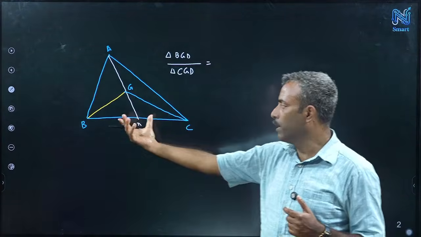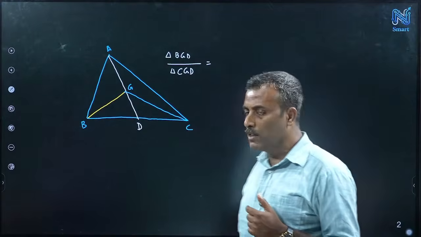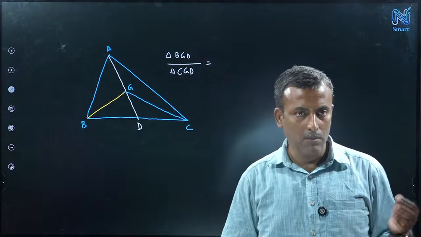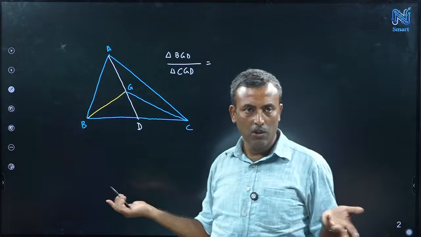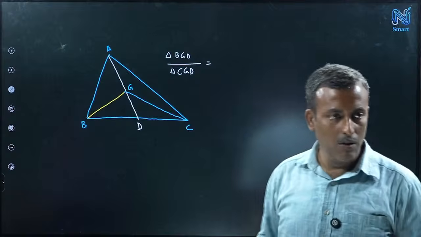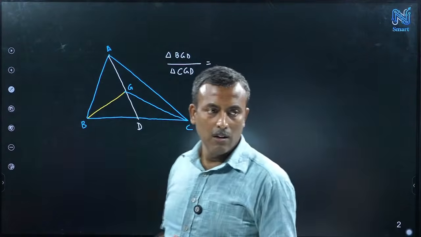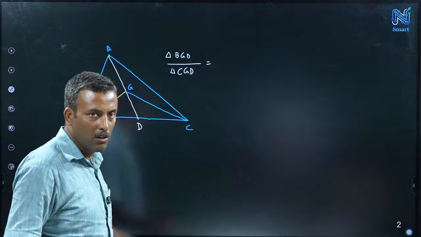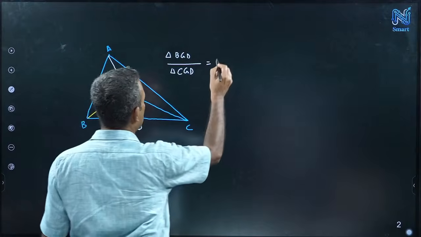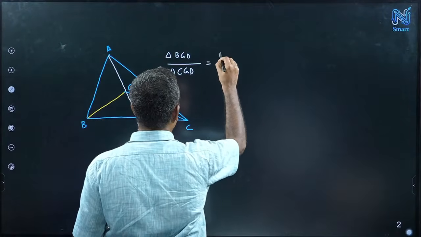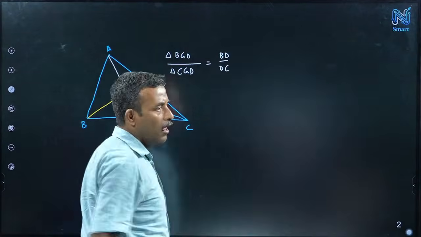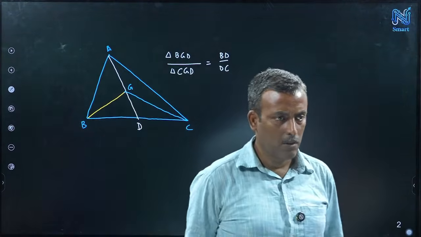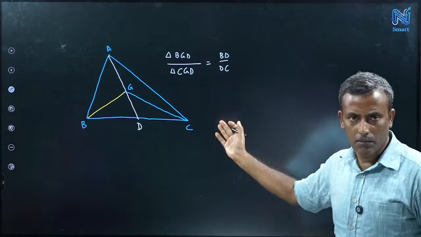The base is BD and the other base is DC, but the vertex is the same. Since the vertex is the same, the height is the same. So half of height into base, the height cancels out, the half cancels out, and it is the ratio of the two bases. So it is BD divided by DC. This is a very important thing. So we know this area theorem.